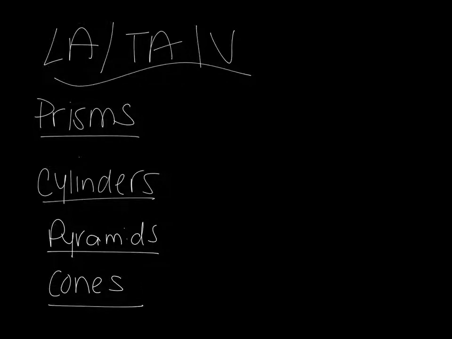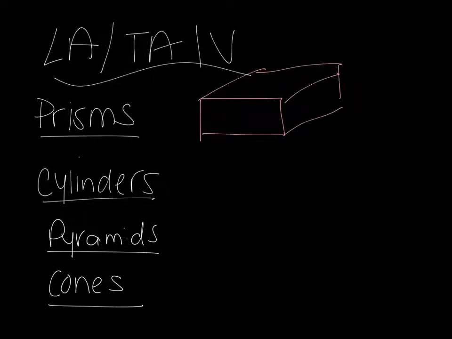First, make sure you can draw these out. If it gave me the length, the width, and the height of a prism, they don't have to be perfect, but you have to know how to relate them to the side lengths. So I would draw myself a rectangular prism with length, width, height. Then you would want to be able to find the lateral area, which is the perimeter of the base times the height.